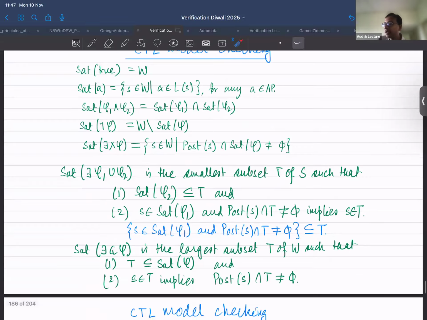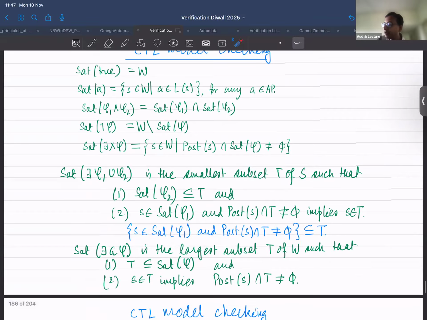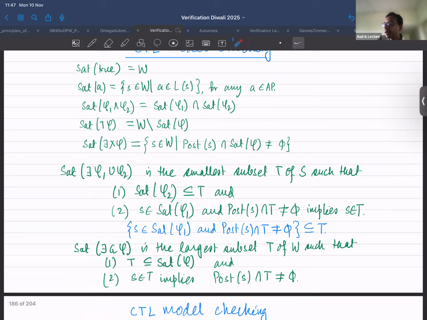Now what about SAT of exists X phi? How do you compute that? So first, let's say we have computed SAT of phi. What is exists X phi?